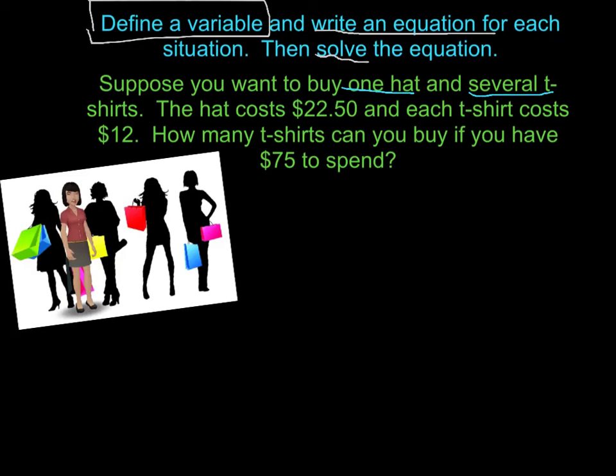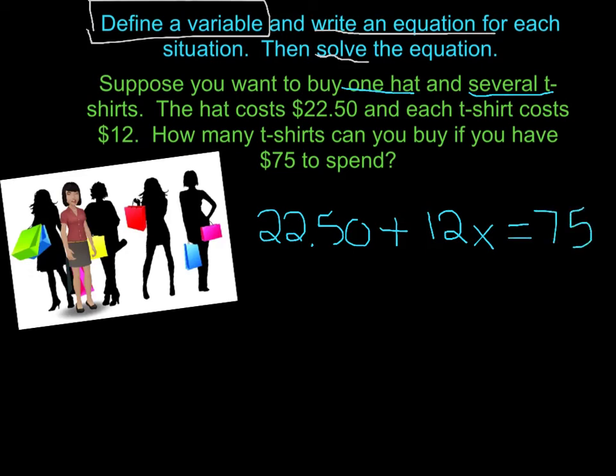So that one hat costs $22.50, but then you are buying more than one t-shirt, and the t-shirt costs $12 each. So $12 per t-shirt, and we have $75 to spend.